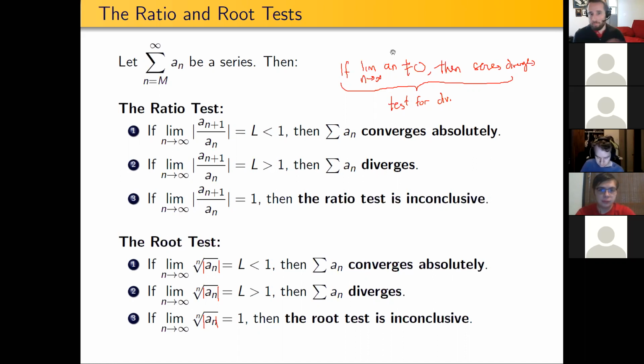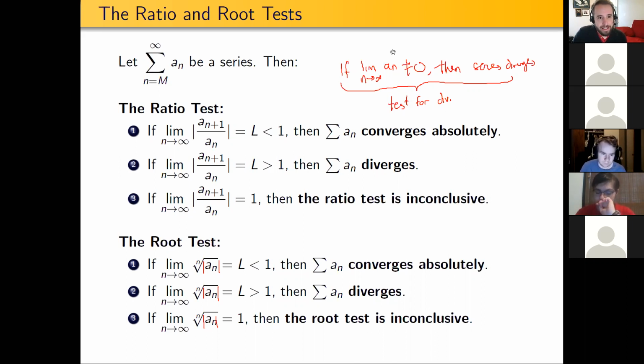So big picture, beyond this class, let's try to come up with a flow chart or some other line of reasoning for when to use which tests. But in this class, we'll absolutely talk about when we want to use the ratio test and when we want to use the root test, and those will become little bubbles in our overall flow chart. But yeah, we'll totally talk about that.